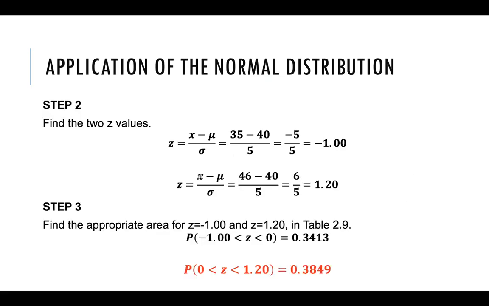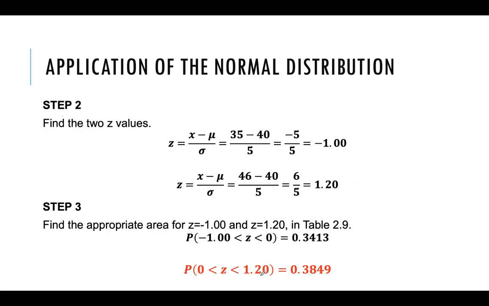So the probability area between the Z value of 0 and negative 1.00 is 0.3413.